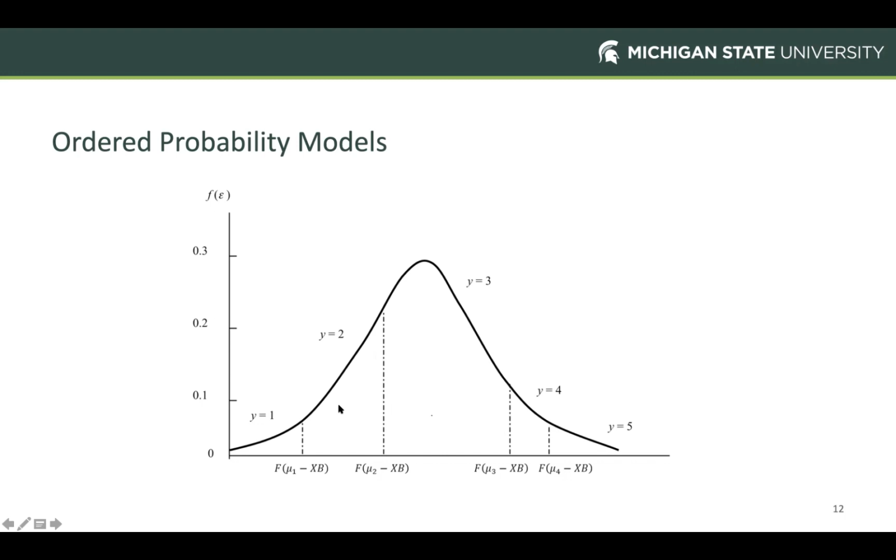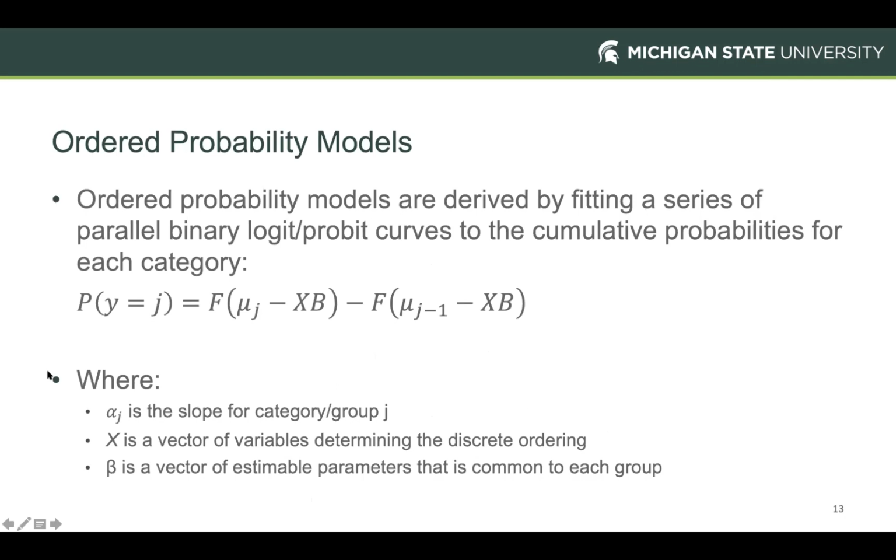And so from a big picture perspective, what we're doing in the ordered probability models is we're shifting all of these thresholds by that same amount, x times beta, where again, this is just basically a series of matrices, okay? So hopefully that makes sense as we continue on here. And so what we're doing in concept then, you can think of it as though we're setting a series of parallel logistic regression or probit models to those cumulative probability functions, okay?